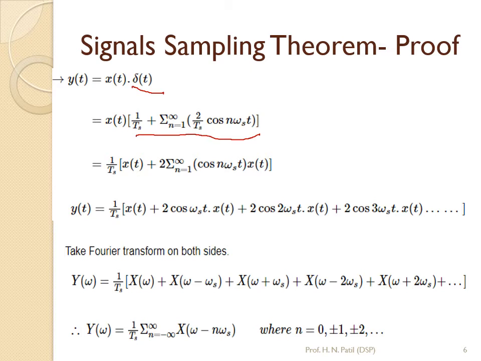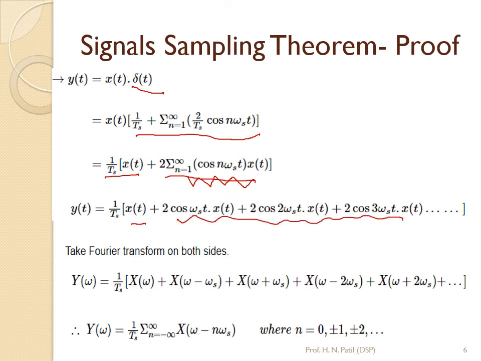Now let us multiply this x of t to both of these factors. We will get this first term and this second term. From both terms, 1 upon ts is taken outside as a common parameter, and now in the bracket we are left with this x of t as it is, and when we expand this summation, we will get this equation as it is.